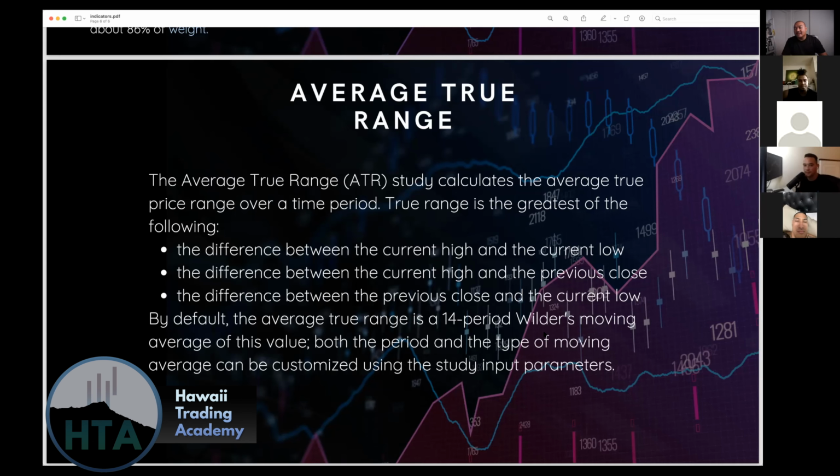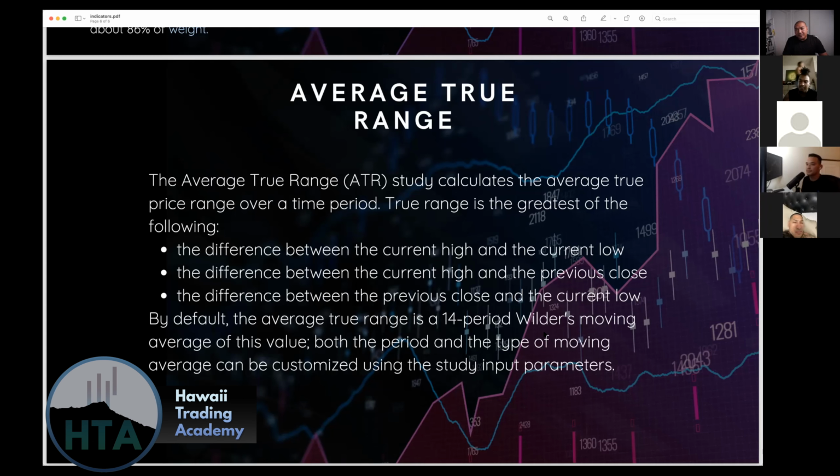Now, average true range. This is what you use, right, Glenn? This is the thing I use, and it's a very simple indicator, and it tracks price, but it tracks how much price moves over the previous X amount of days, whether it be 14 or 21 days.